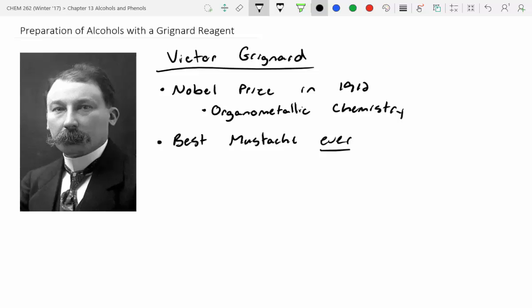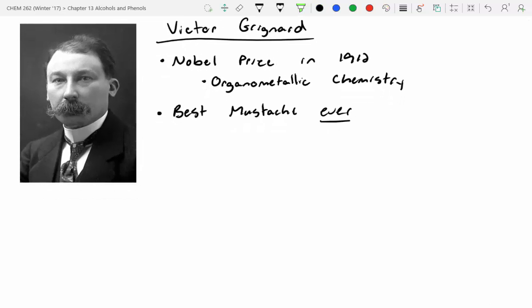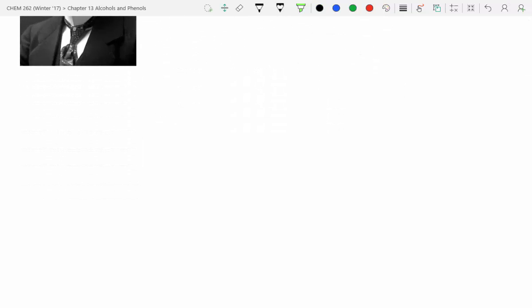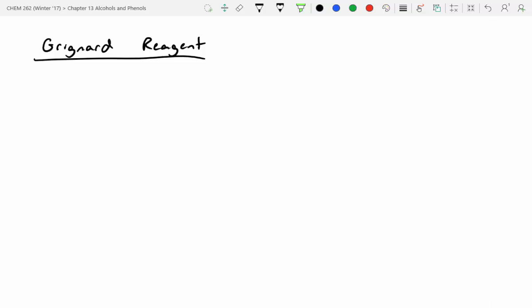So the Grignard reagent was named after him. Essentially it's an organomagnesium reagent, and it's still very, very commonly used despite being over 100 years old. In order to make a Grignard reagent, you need an organohalide.